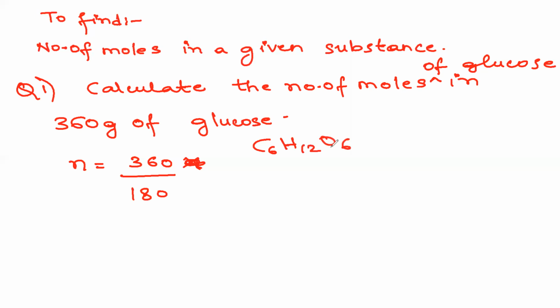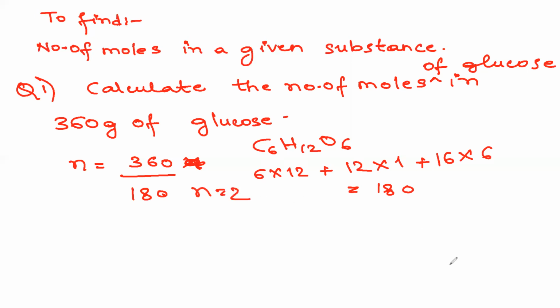Carbon 12, as you already know, so 12 into 6 plus 12 into 1, for each hydrogen only 1, and oxygen 16 into 6. So this will add up to 180. So 360 by 180 is equal to 2 moles. So the number of moles of glucose is 2 in 360 grams of glucose. This is the way to find the number of moles.